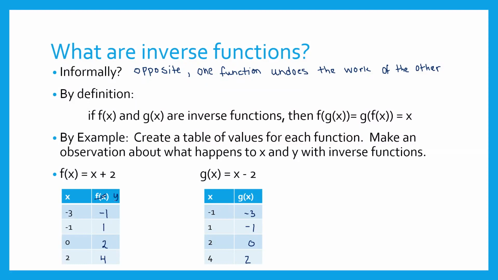So if I think of this as y, these are the same numbers that are in the x column, and the column that could be listed as y, those are the same numbers that are in x for the opposite one. So what happens? x and y switch between a function and its inverse.